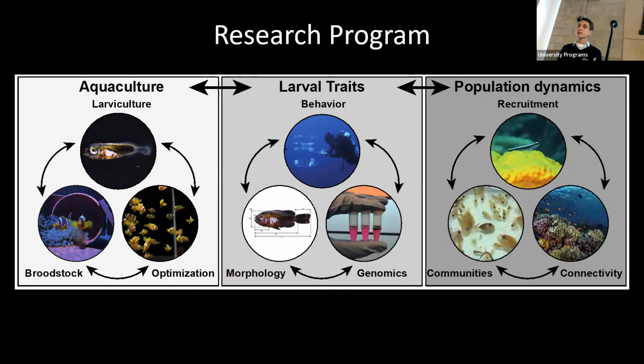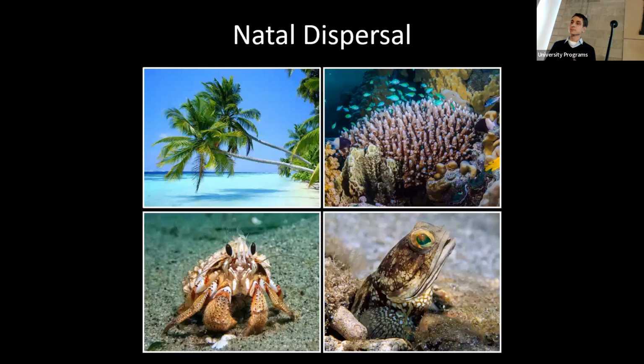And then finally, I also conduct field research to deepen our understanding of the role that larval behavior plays in driving population dynamics on coral reefs. So in my seminar today, I'm going to touch a little bit on each of these three areas of my research. I'll get started by giving you a bit of background about dispersal in marine systems.